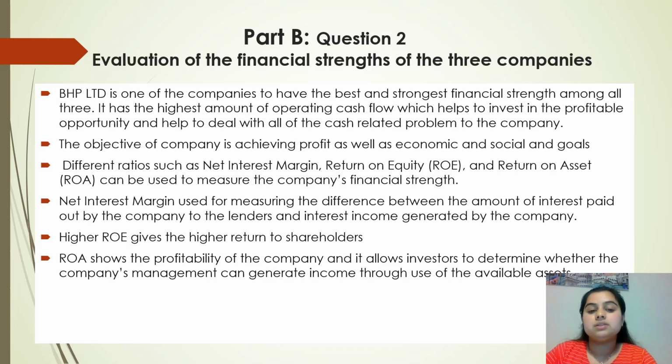Net interest margin measures the difference between the interest income generated by the company and the interest paid out to lenders. A higher ROE, return on equity, gives a higher return to shareholders. ROE shows the profitability of the company, and it allows investors to determine whether the company's management can generate income through use of the available assets.